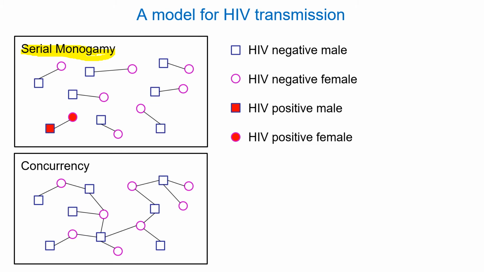Take a look at the chart down below. We have concurrency. So concurrency can happen in a number of situations. For example, you could have a sex worker that is seeing many different partners or clients, however you want to phrase it. And if the sex worker, so here we'll pull one up here, becomes HIV positive, or at least in this case it looks like somebody's partner is becoming HIV positive and then spreading it to his or her partner.